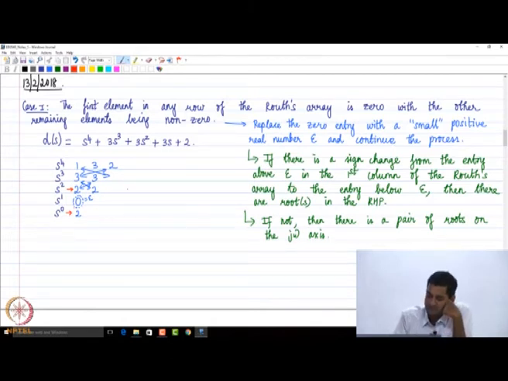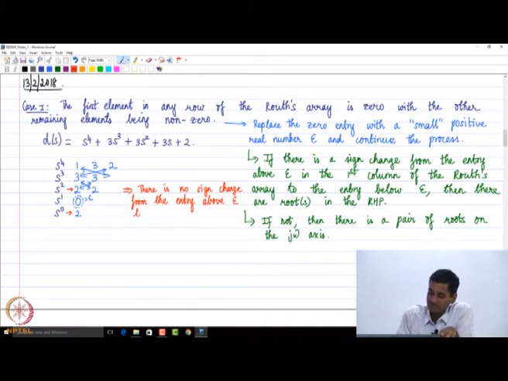No. So we can observe that there is no sign change from the entry above epsilon to the one below epsilon in the first column of the Routh's array.